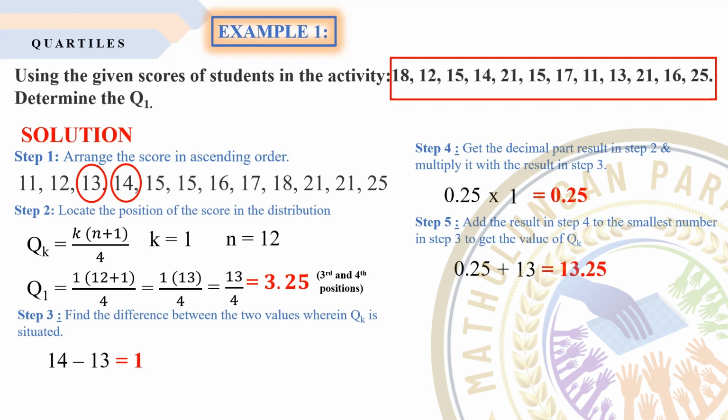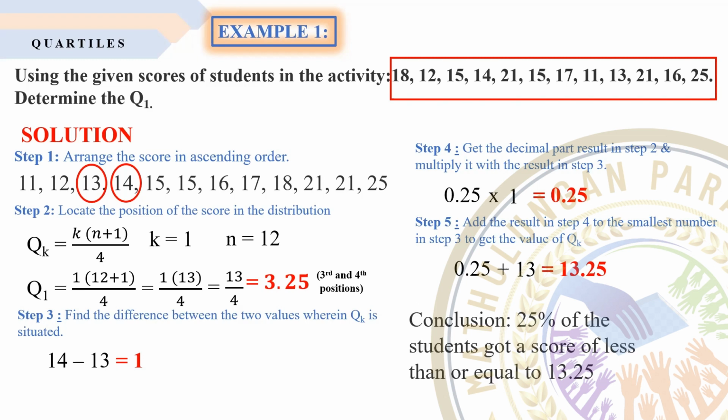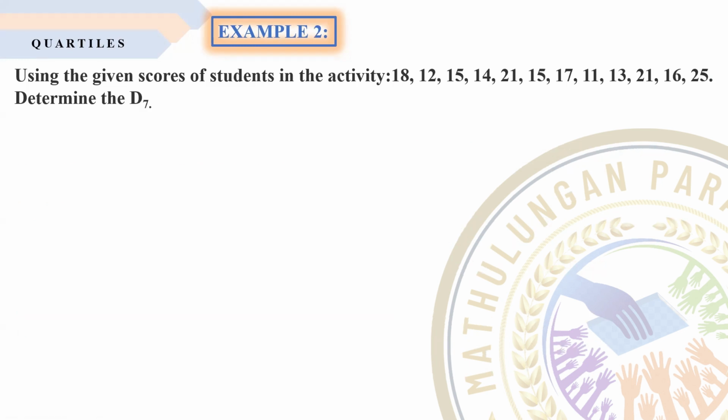And if we were going to interpret this answer, 25% of the students got a score of less than or equal to 13.25. Let us proceed to our example number 2. So, same data ang ating gagamitin, but this time, we have to determine the value of the 7th decile.